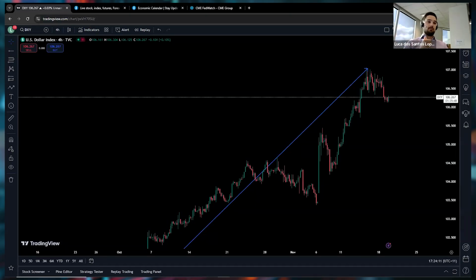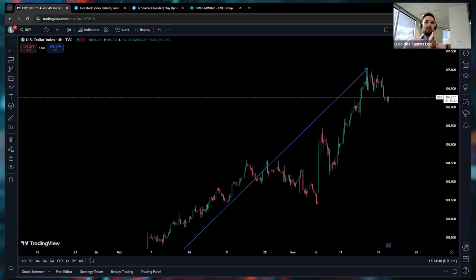The University of Michigan Consumer Sentiment Index for November will shed light on how confident US consumers and households are feeling about the future. And additionally, I do believe that speeches from Federal Reserve officials will be very closely scrutinized for any dovish signals, particularly regarding the timing and the pace of future cuts.